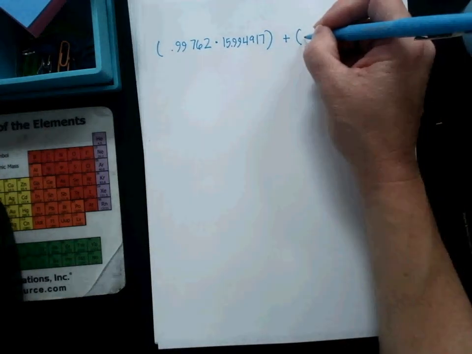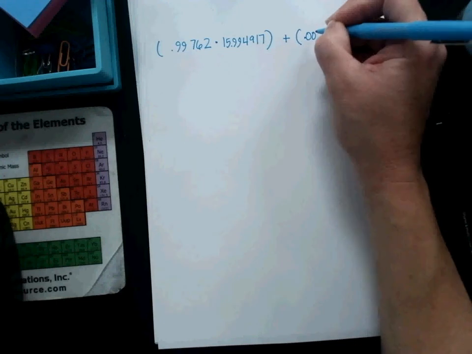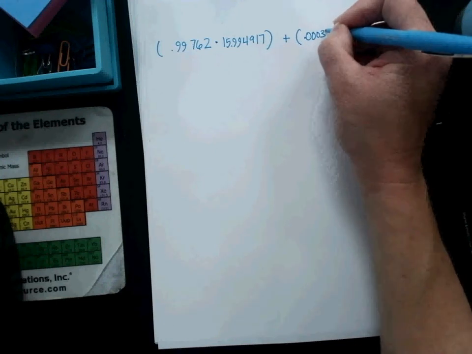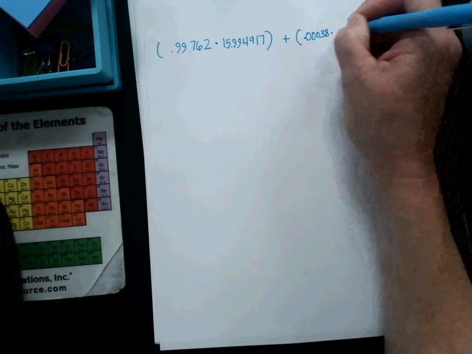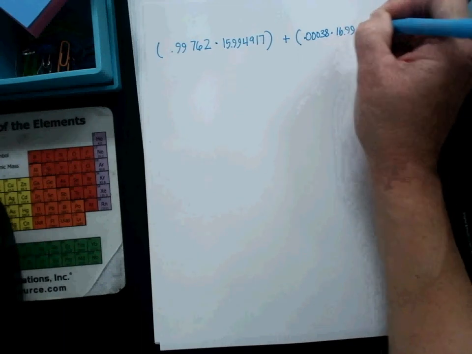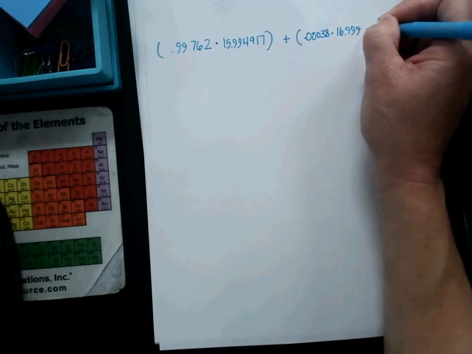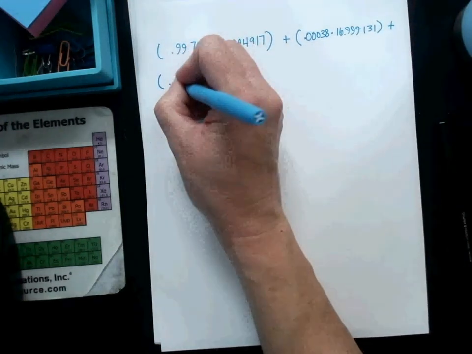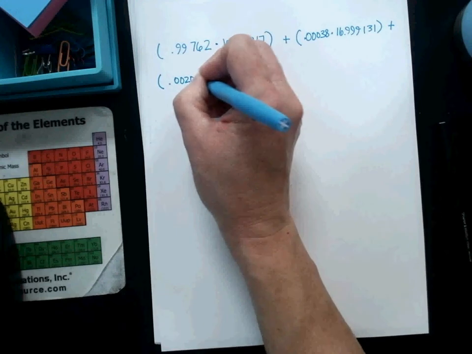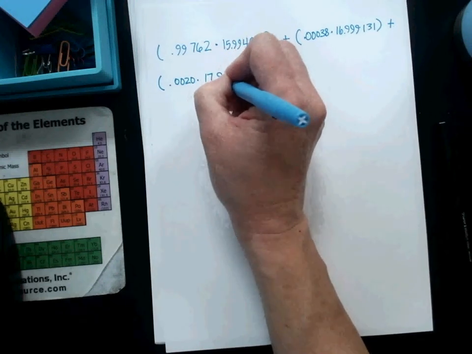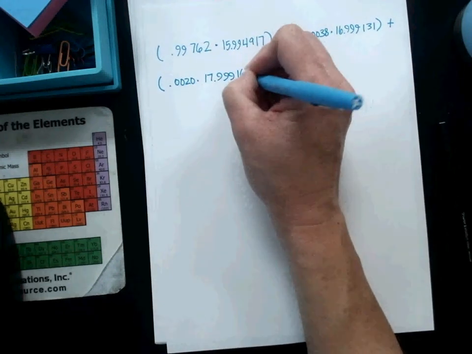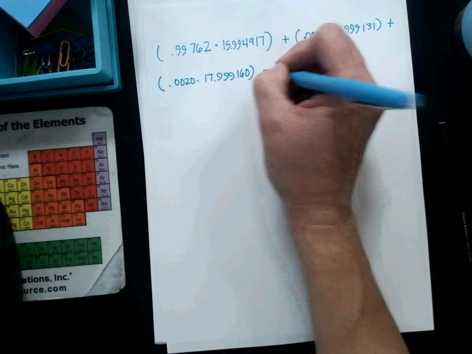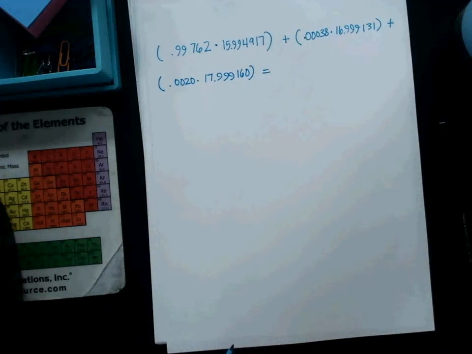I turned my next one into a decimal percent, 0.00038 times 16.999131 plus, and then I did the parenthesis again, 0.0020 times 17.999160. And then I hit my equal sign, or my enter sign.